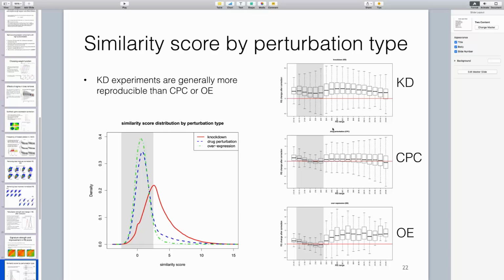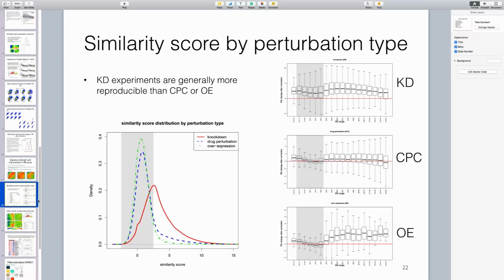We can see this in the overexpression very nicely: even though there are very few samples that start off with an initially high reproducibility score, they really improve quite a lot, nearly as much as the knockdown. The knockdowns just generally perform better even in the samples that don't have a very high reproducibility score to begin with. We couldn't really figure out why that was.